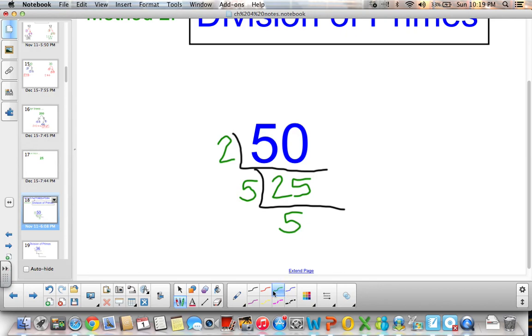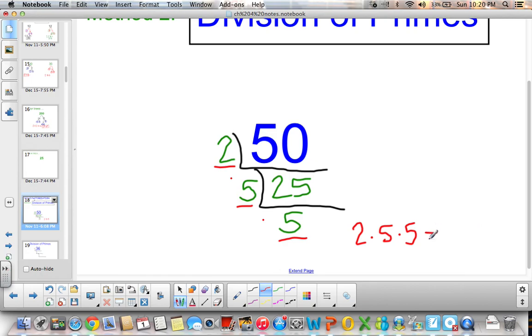So now I look at my numbers on the outside of my boxes, and I have a 2 and a 5 and a 5. And if we multiply those together, 2 times 5 is 10, times 5 is 50.